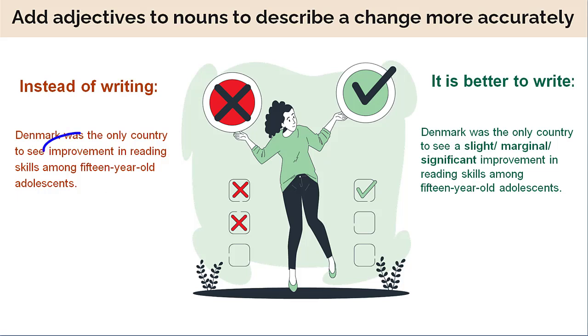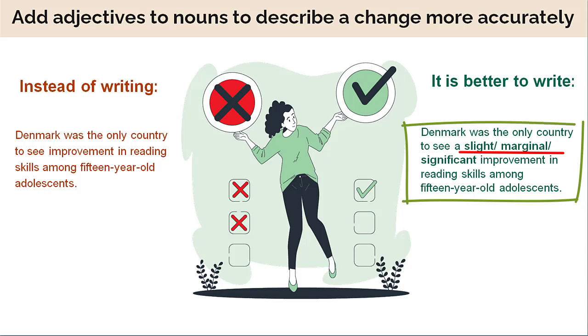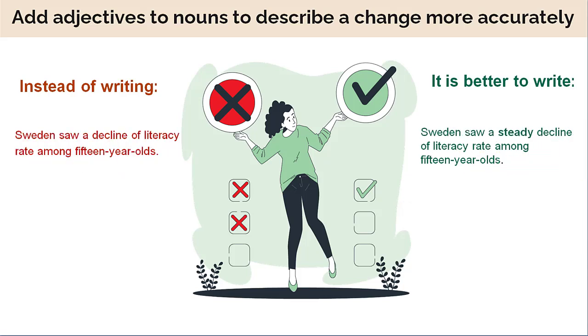Here, the word improvement can be modified by an adjective. This would make the description way more accurate. Denmark was the only country to see a slight or marginal or significant improvement in reading skills among 15-year-old adolescents.